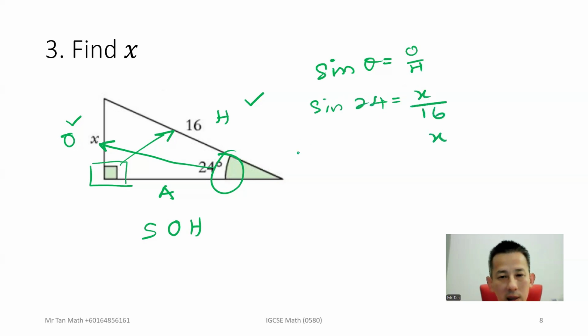Therefore, x is sine 24 times 16. You calculate sine 24 times 16, x equal to 6.51.